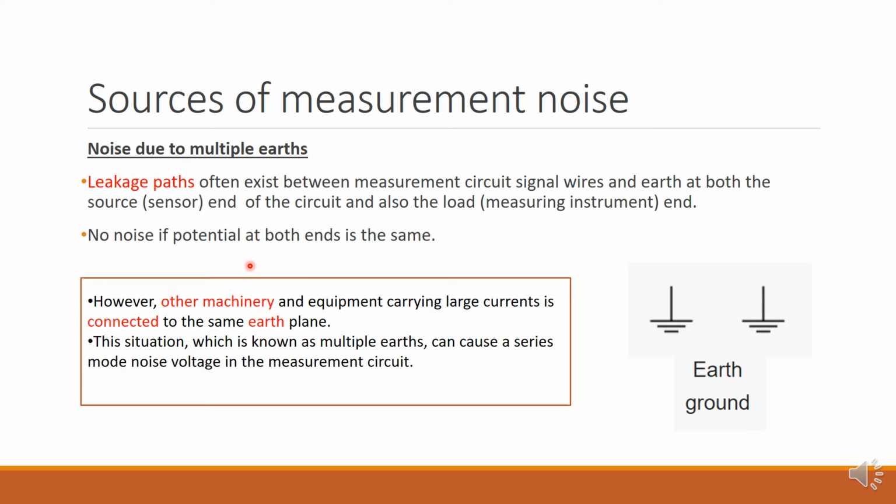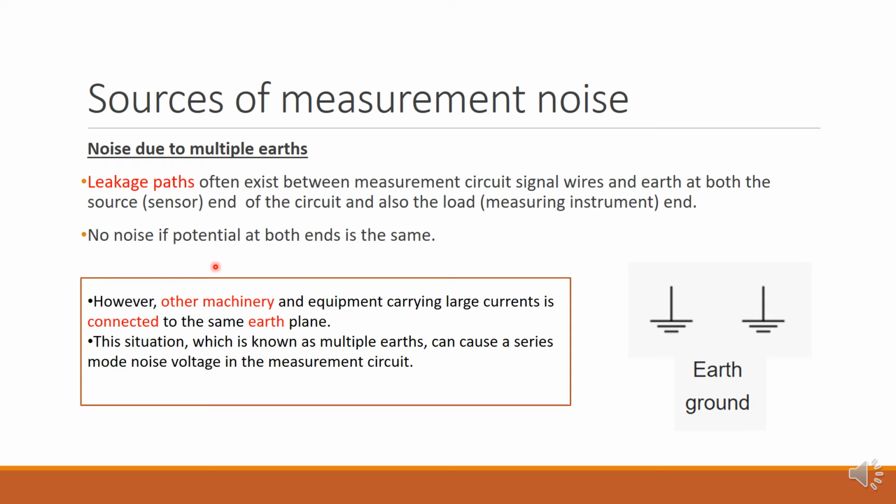Sometimes, particularly in your cable system, there are some leakages, and these leakages will go to the Earth. If your measurement system is the only system that is connected to Earth, there is no problem.